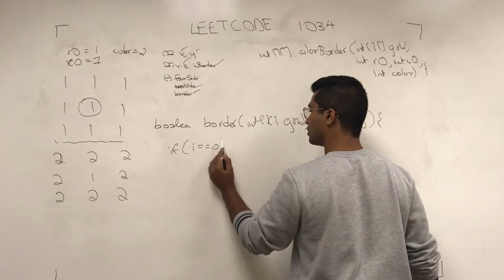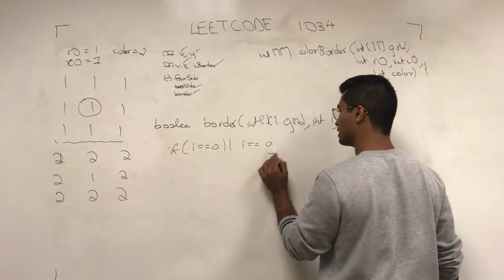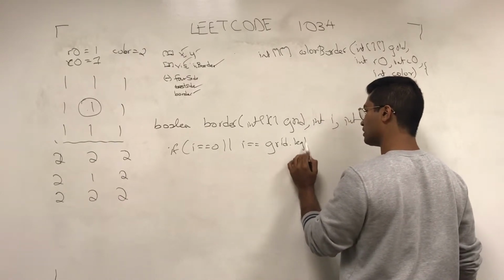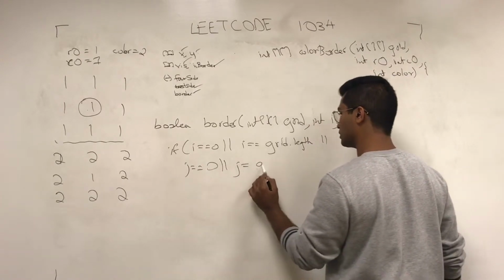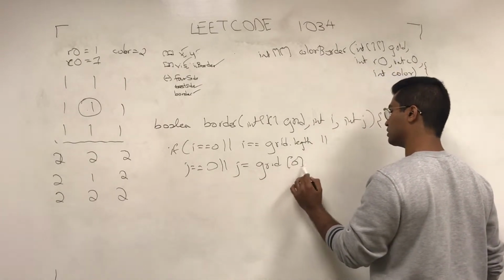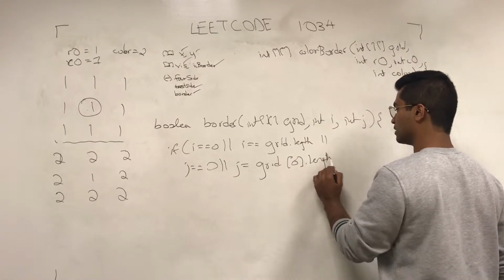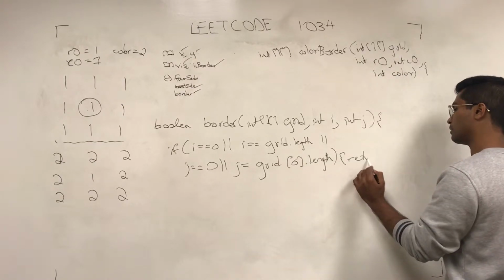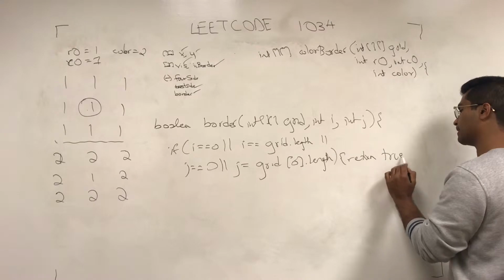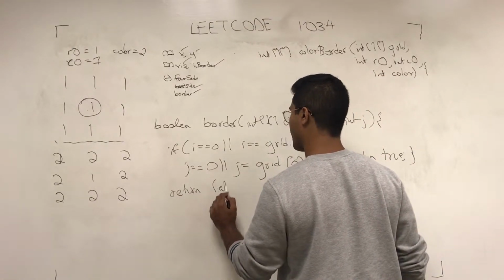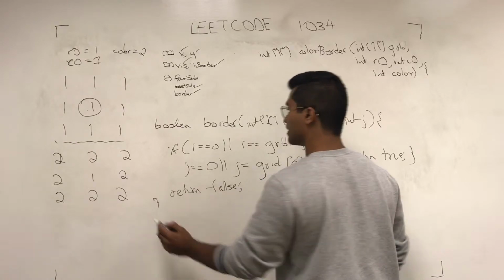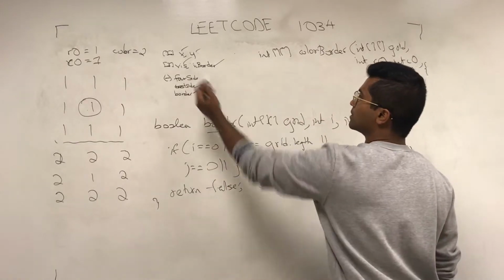If i is equal to 0 or i is equal to grid.length, or j is equal to 0 or j is equal to grid of 0.length, we return true, else we return false. That's going to be this method.